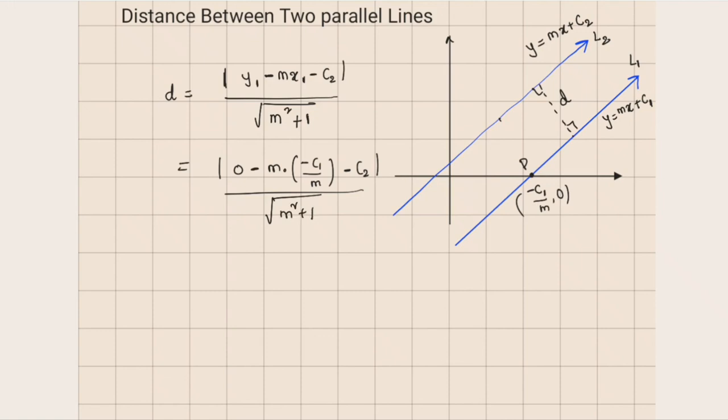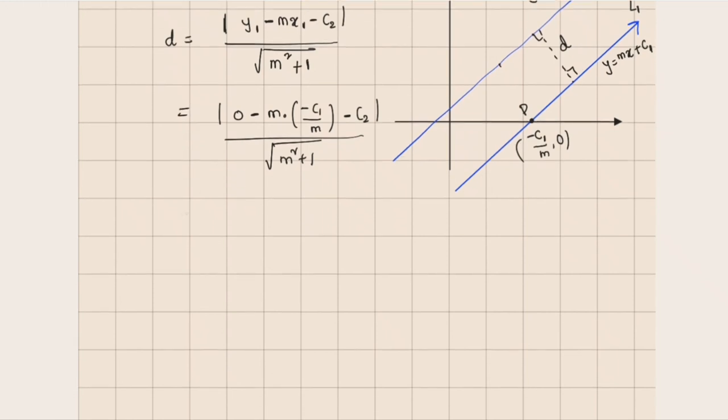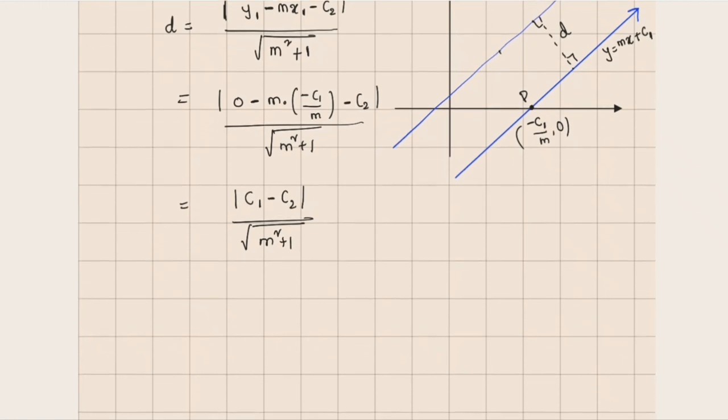We just found a point of L1, and we found the distance from this point to the line L2, which is the same as the distance between these two lines. The m gets cancelled. You get modulus of c1 minus c2 by root over m square plus 1. So we get the distance between these two lines as modulus of c1 minus c2 by root over m square plus 1.